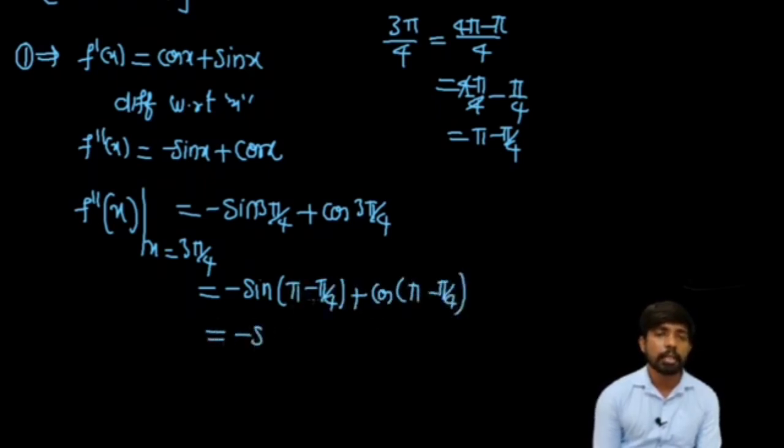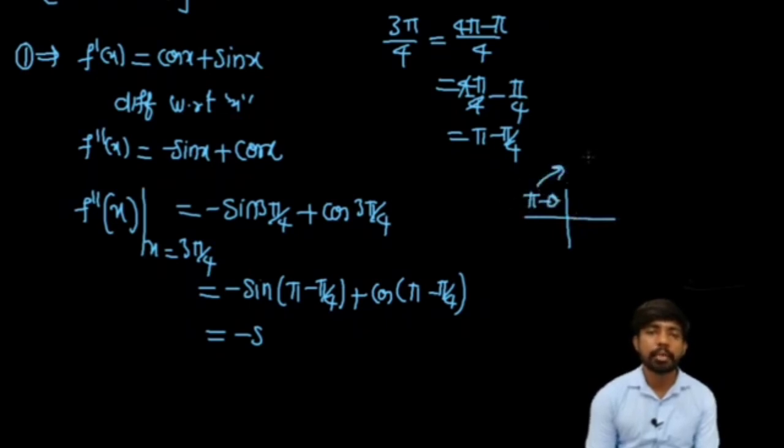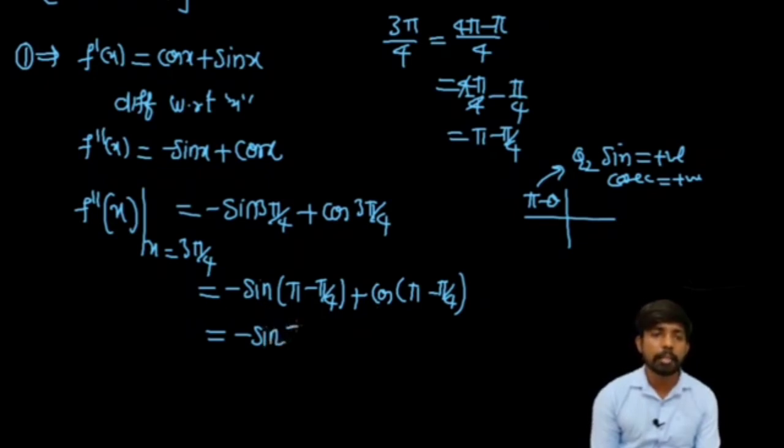Here we have 180 minus theta, which is in the second quadrant. In the second quadrant sine and cosecant are positive, so sine is positive: let it be sine pi by 4. Cos is negative in the second quadrant because only sine and cosecant are positive, the remaining are negative.